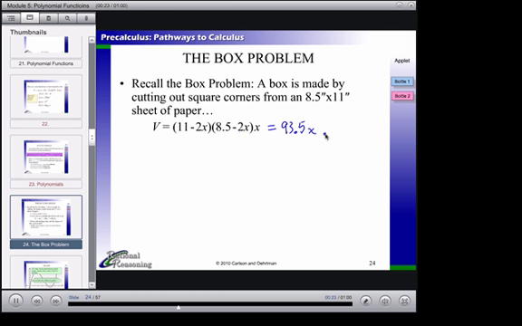Is that 39? That'll be x squared. And then this will be plus 4x cubed. All right, make sure I did that right.